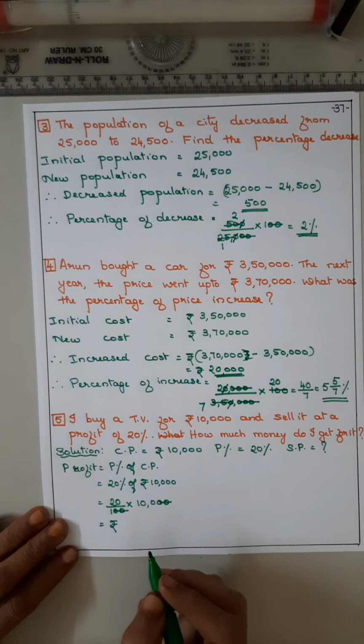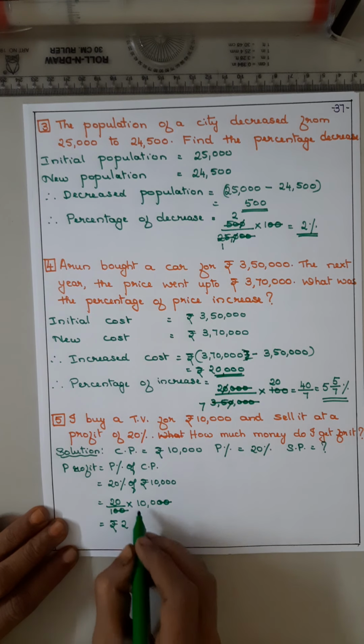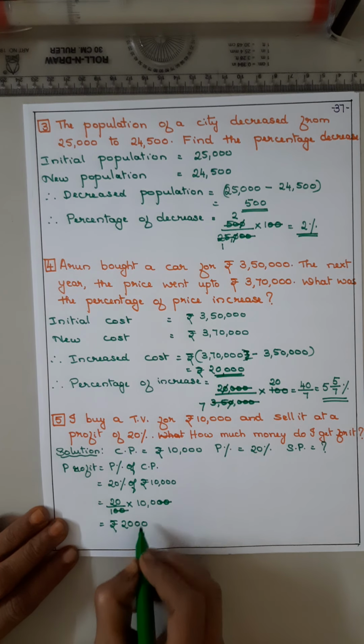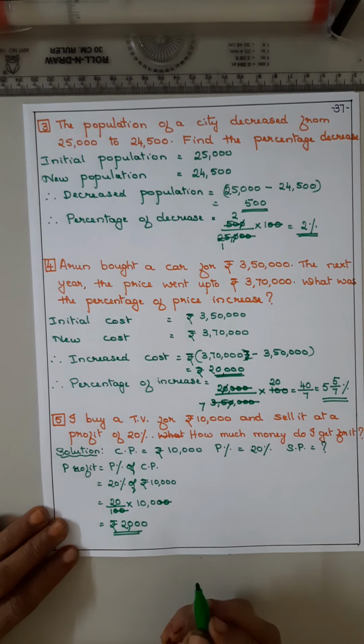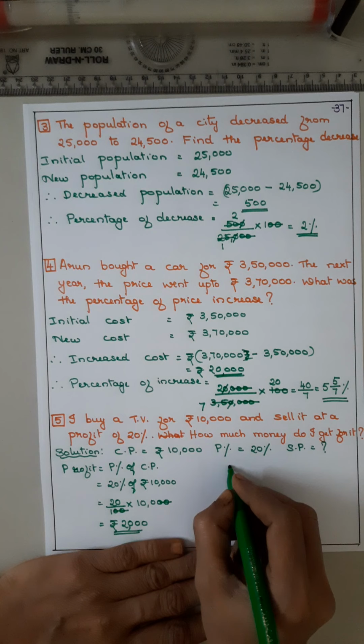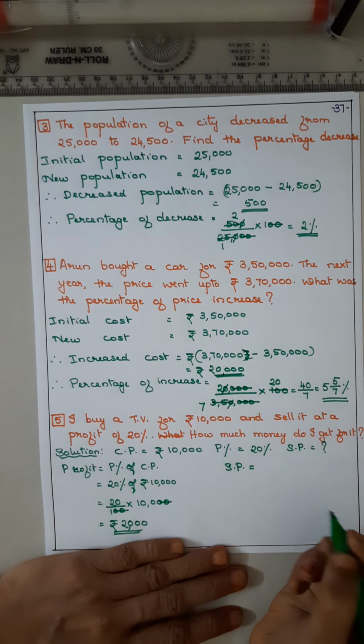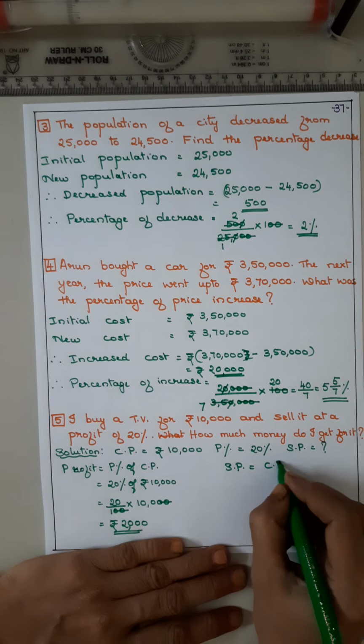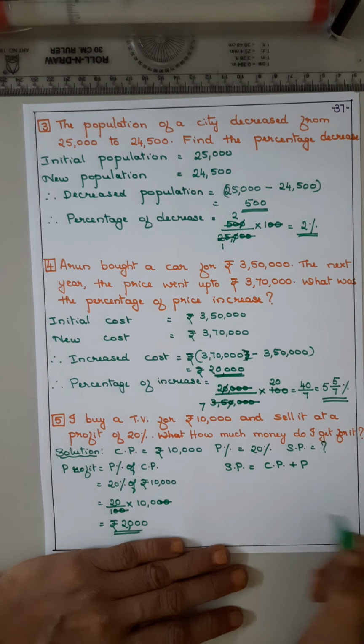तो आपको कितना मिला? रुपीज 20 और इधर 2 मतलब 2,000. You got the profit of 2,000. Now find out SP. SP के लिए फॉर्मूला क्या है, CP है तो प्रॉफिट है तो आप लोग ऐड करते हैं, CP प्लस प्रॉफिट.